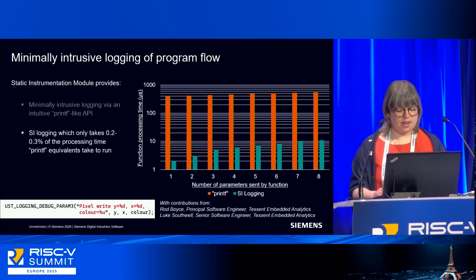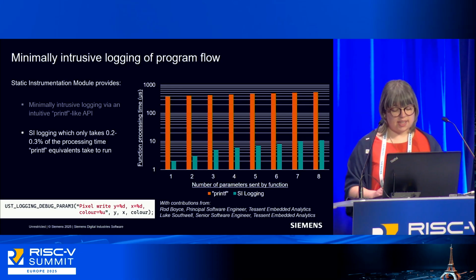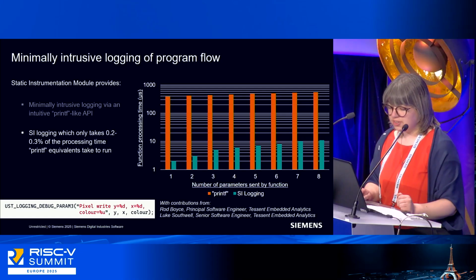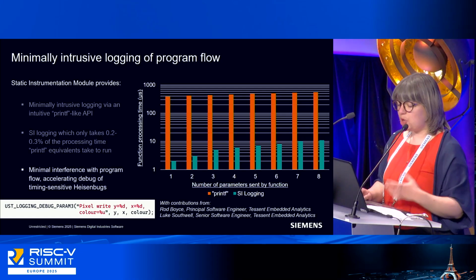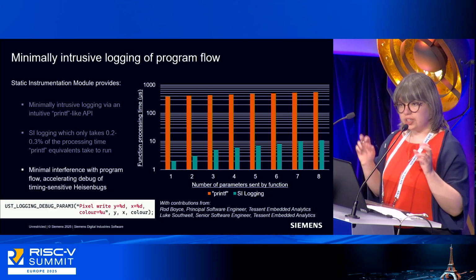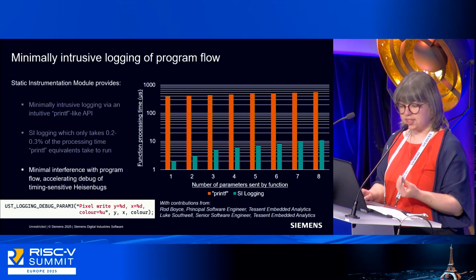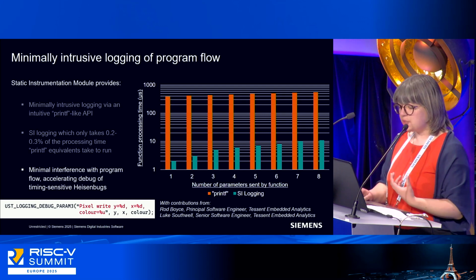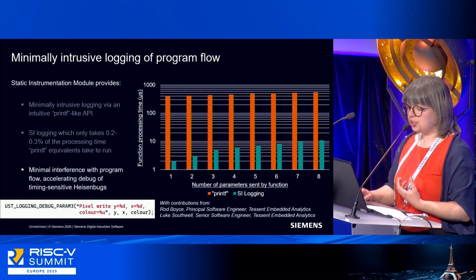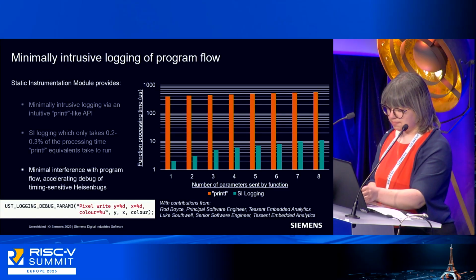In this case, a smaller bar is better, as it means that the method takes up less processing time and is therefore less intrusive. Static instrumentation therefore minimizes interference to program timing and flow, allowing printf-style debugging methods to still be able to catch timing-sensitive bugs, while providing a less verbose but more customizable debugging option than processor trace.